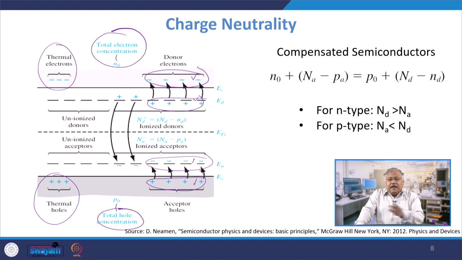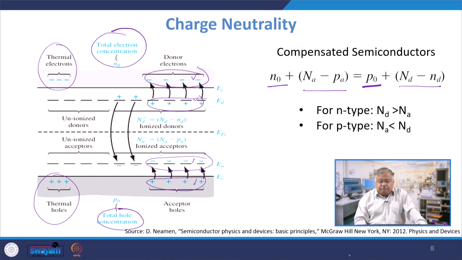So if you look at any semiconductor, forget about the word compensated at this stage, the effective number of free electrons is N0, the effective number of free holes is P0, the effective number of ionized acceptors is given by Na minus Pa, and the effective number of ionized donors is given by Nd minus Nd, right.